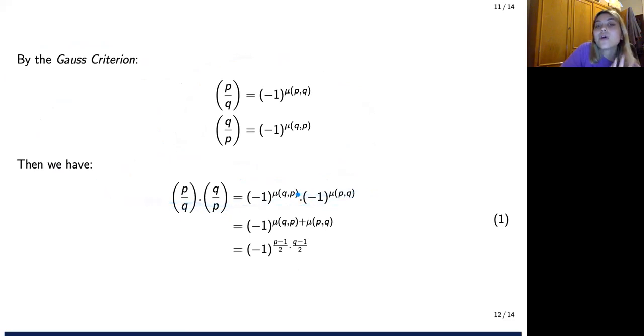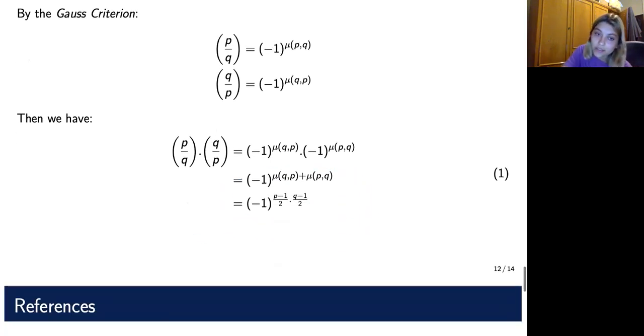We already know the mu values, and because of the exponent rule, we have to add these 2 mu values. We already did the mu values, so we can take another expression for them, like P minus 1 over 2 times Q minus 1 over 2. And this is the result we expect.